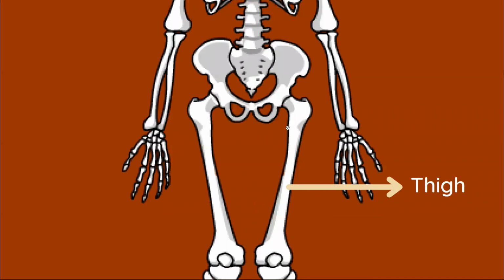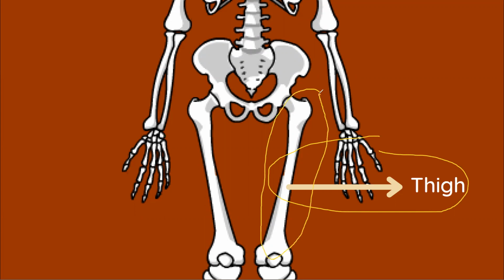Okay, don't forget, who answered thigh? For those who answered thigh or even upper leg bone, both are acceptable. Okay, class, fun fact, your thigh bone is actually one of the biggest single bones in the human body. The size of a thigh bone for a baby and an adult is definitely different because a baby's thigh bone is so small compared to an adult's.